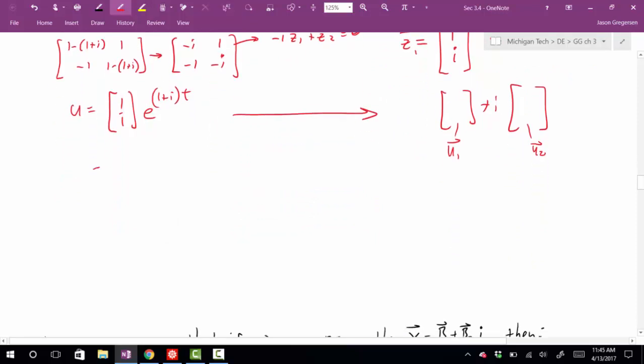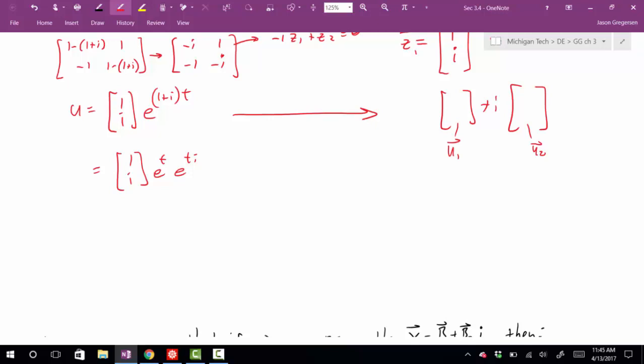Well, how do we do that? All right, I got 1 and i. I'm going to have e to the t times e to the t times i. I'm going to give you a little head start here. e to the t times i. Now we're going to use Euler's identity on that, right?